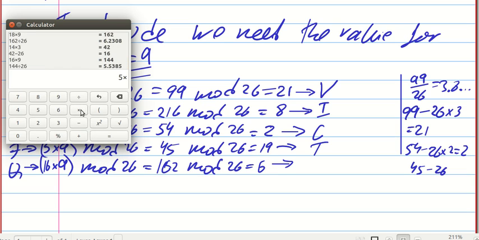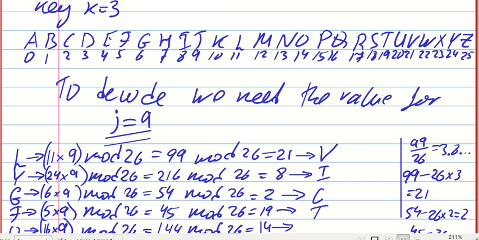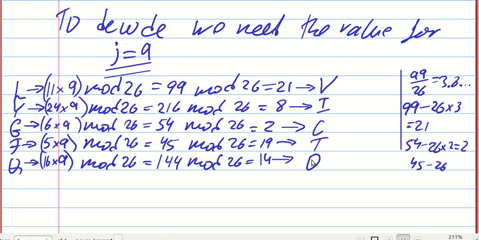So 5 times 26 minus 144. So we get 14. Yeah, so it should be 144, and this should be 14. And 14 is O.